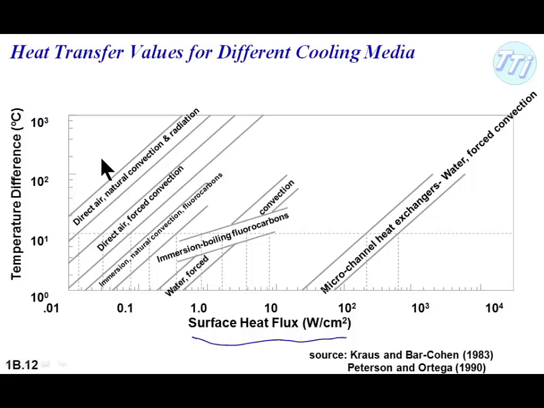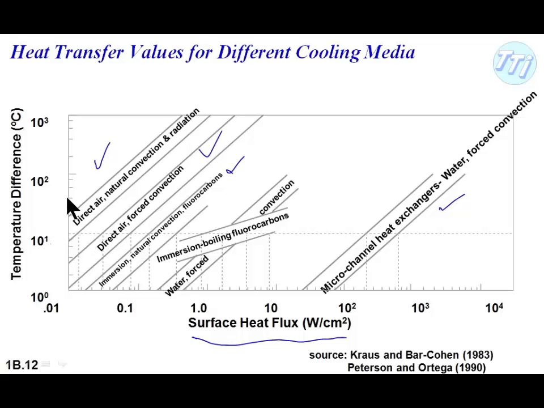So down here we have the cheap, easy techniques, the natural convection, then we go to forced convection, immersion with liquids, and then these things called microchannel heat exchangers, where it's a small heat exchanger with really tiny holes in it, and you're pumping water through it at extremely high pressures and high flow rates.